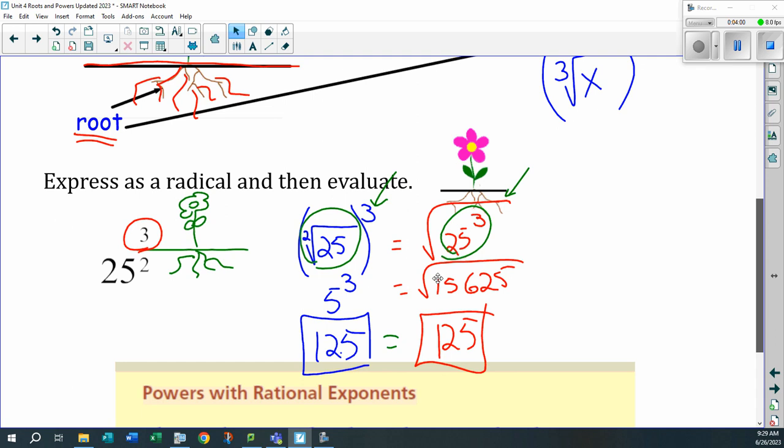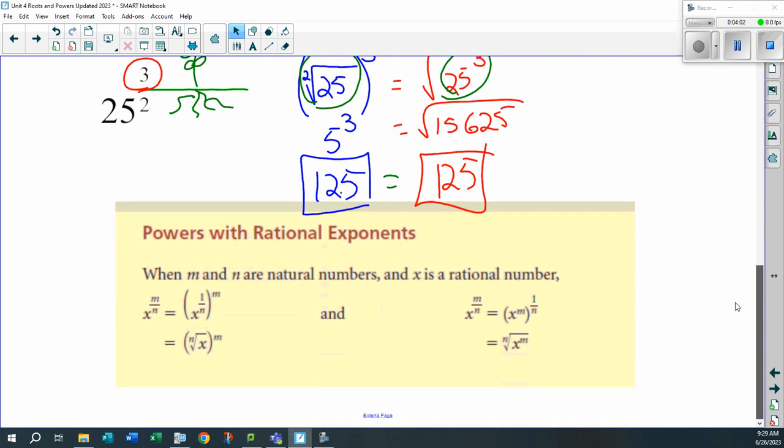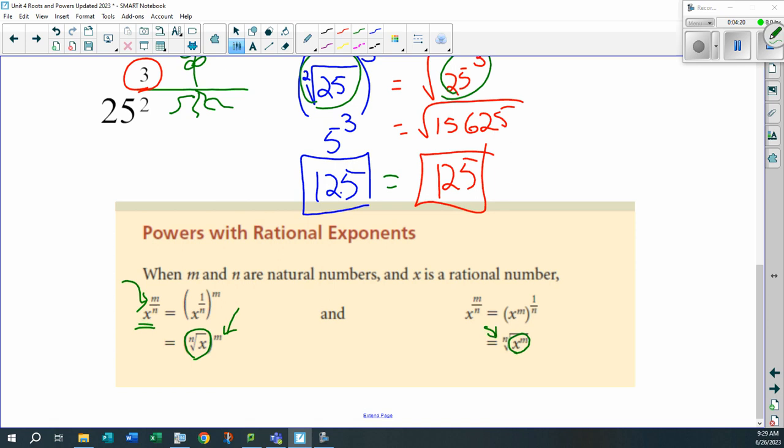And that's what your textbook's going to say. If you look over here in your textbook, for example, it's going to say this. It's going to say any x to the power of m over n, what you can do is you can do the nth root first and then raise it to the power of m, or you can raise it to the power of m first and then do the root. It doesn't matter. It gives you the same answer.